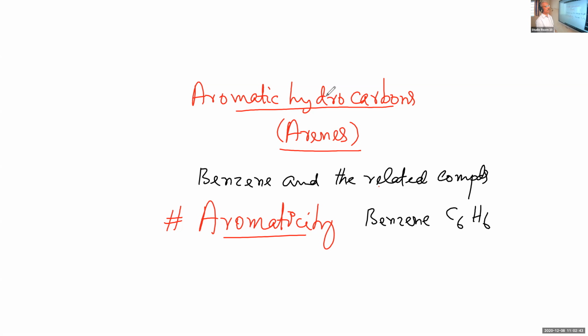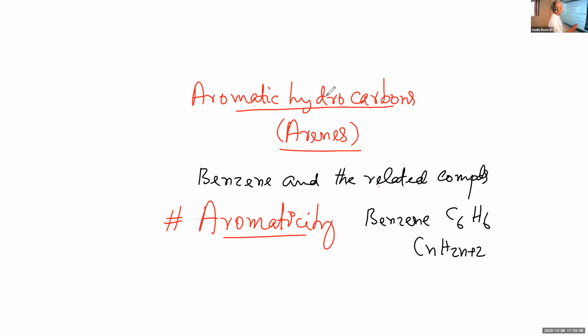Compared to the number of carbon atoms, the number of hydrogen atoms is very, very low compared to the alkanes. Alkanes are CnH2n plus 2. The number of hydrogen atoms will be higher than the number of carbon atoms.